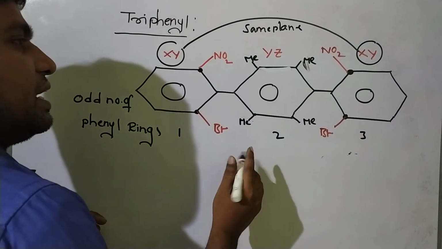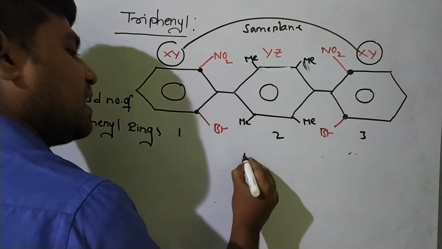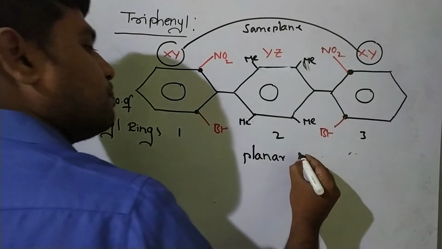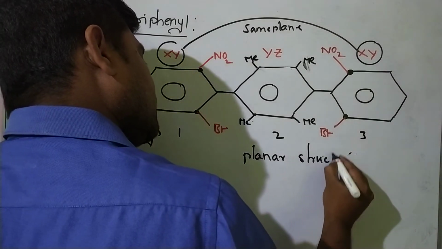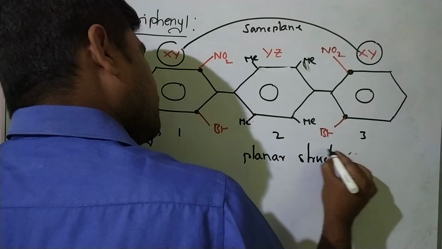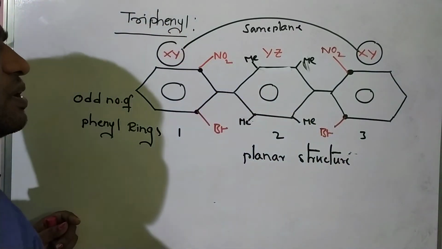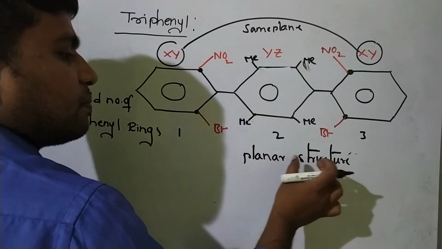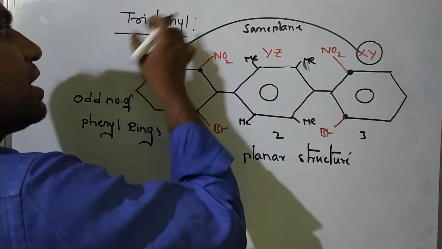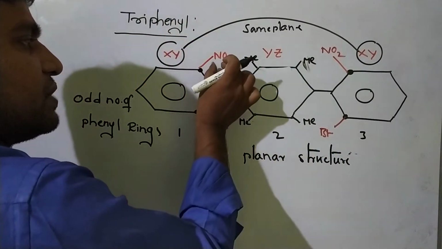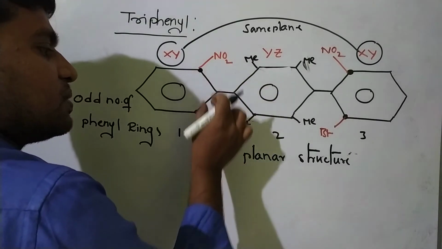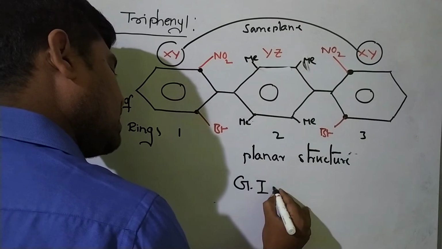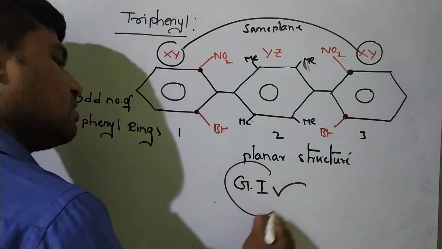So definitely the given molecule is a planar molecule. The given triphenyl is a planar structure. The planar triphenyls with bulky groups at ortho positions definitely will show geometrical isomerism. This is the result.